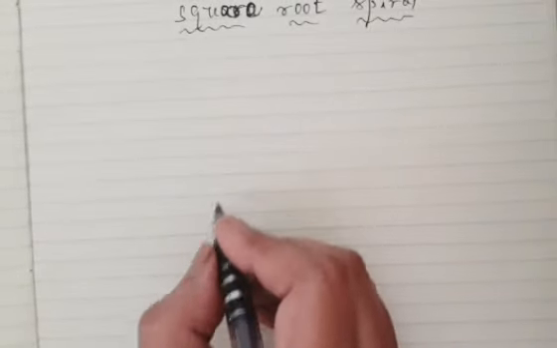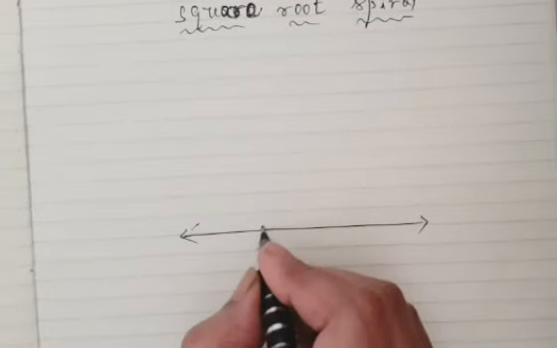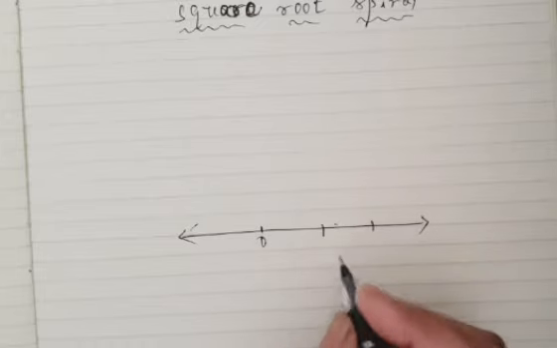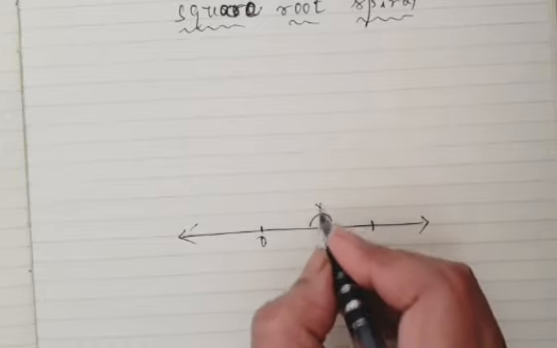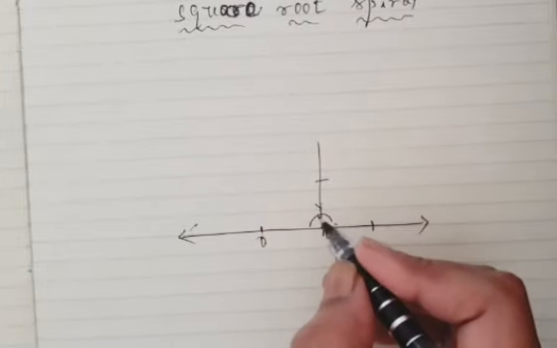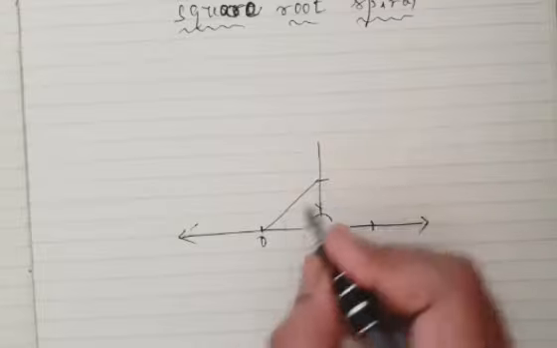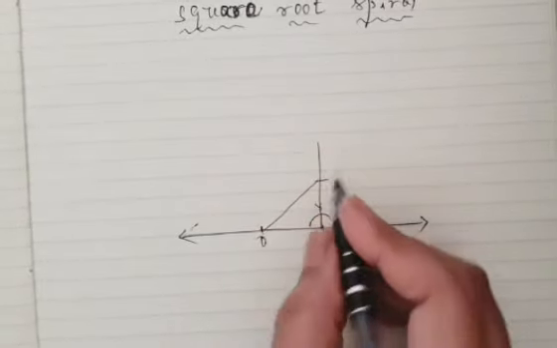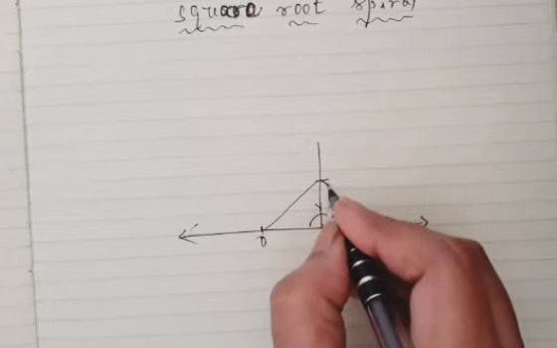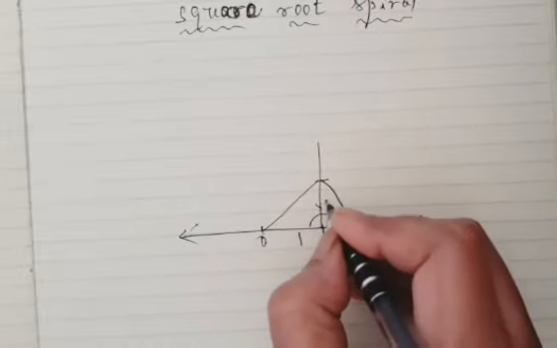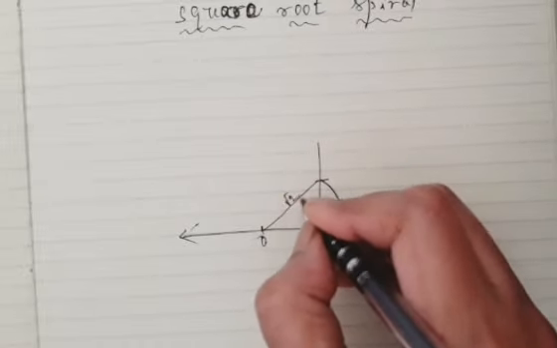Here take the number line, 0, then 1 unit, then suppose 2 unit, then here construct 90°. From this perpendicular, cut 1 unit length, then you join. Then taking this O as center and this one as the radius, you construct an arc. Now this is 1 unit, this is 1 unit, so this is your root 2 unit.